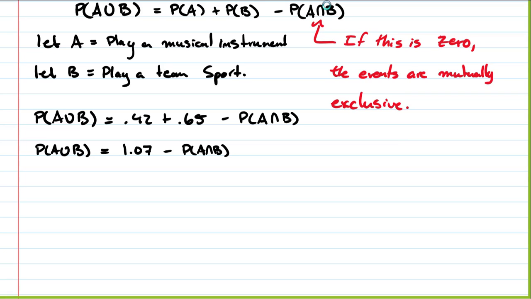So we know that the probability of A intersect B can't be 0. Why is that? Why can't the probability of A intersect B be 0?